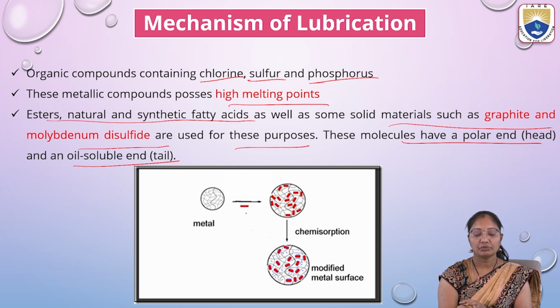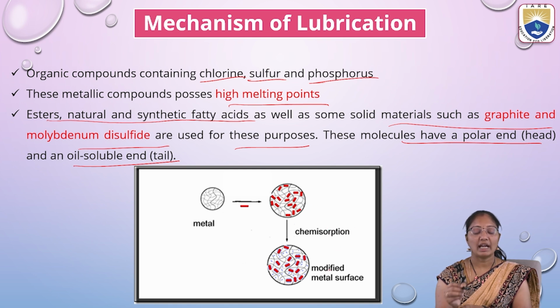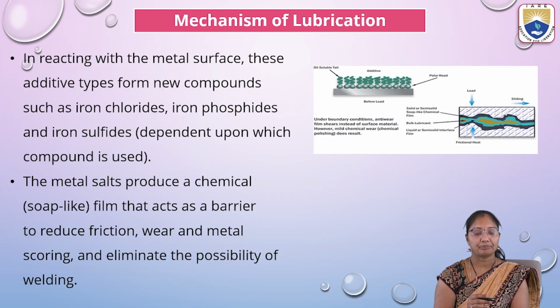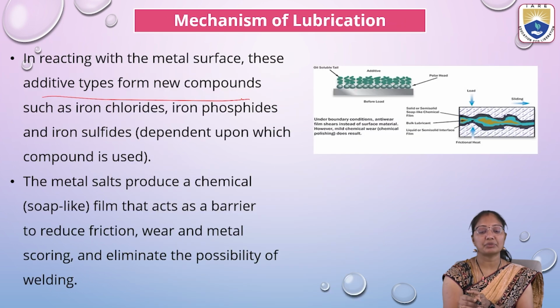The metal, with chlorine or sulfur or phosphorus, undergoes chemisorption, and then it is a modified metal surface, nothing but metallic chlorides, metallic sulfides or metallic phosphorus compounds which have high melting point capability. In reacting with these metal surfaces, these additive types form a new compound such as iron chlorides.